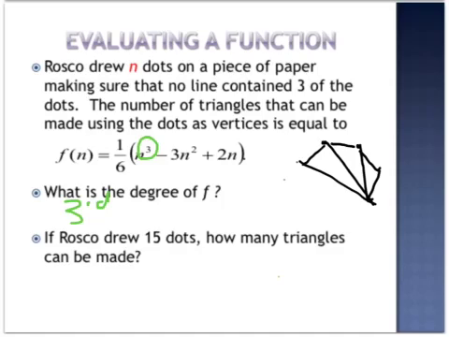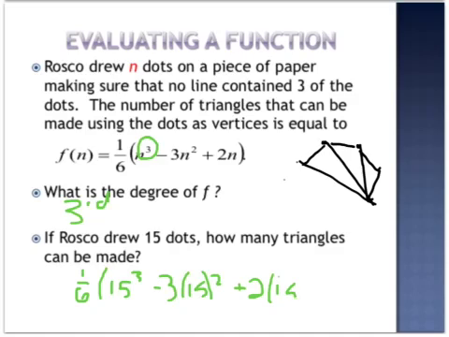So I'm going to have a 1/6 times, and it will be 15 to the 3rd power minus 3 times 15 squared plus 2 times 15. And all that's in parentheses because I'm going to multiply it by 1/6 in the end.